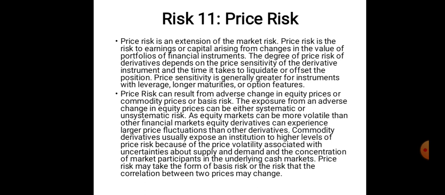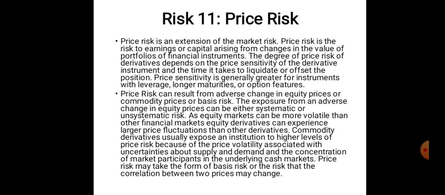If the market is constant, then there will be no variation in the stock prices. If the market is not constant, then stock price or contract price fluctuations are very common. Price risk can result from adverse changes in equity prices, commodity prices or basis risk. The exposure from an adverse change in equity prices can be either systematic or unsystematic risk.